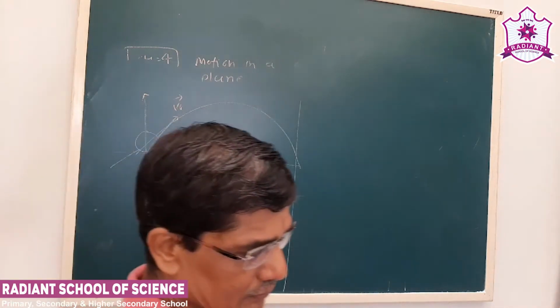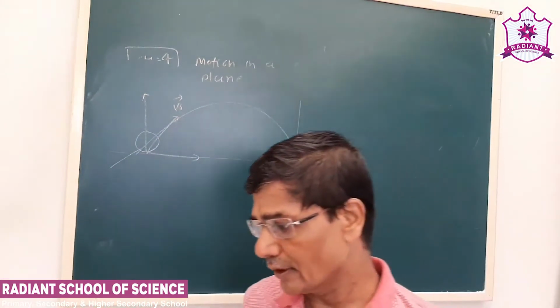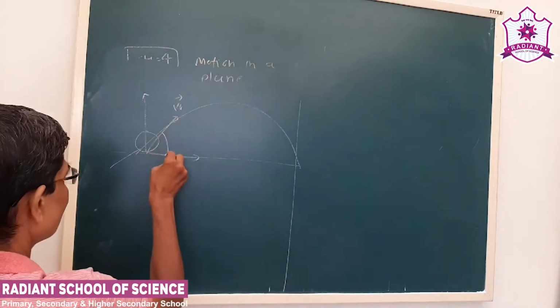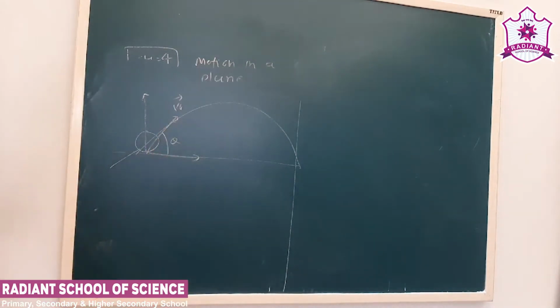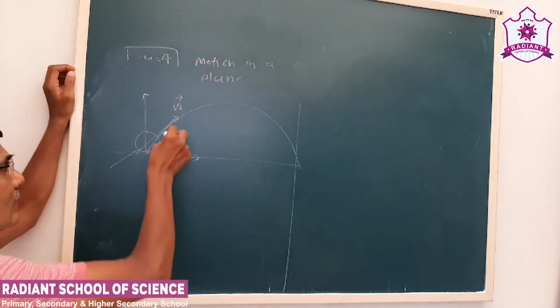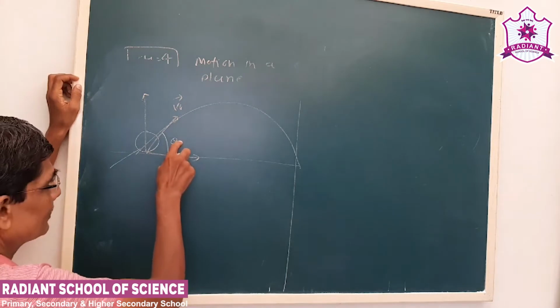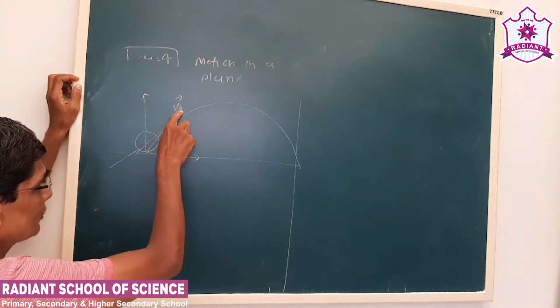When a body is thrown in the gravitational field of the earth by making some angle with the horizontal, it moves with a constant horizontal velocity. What is constant horizontal velocity? Let us say the body is thrown with velocity v0 at some angle theta.